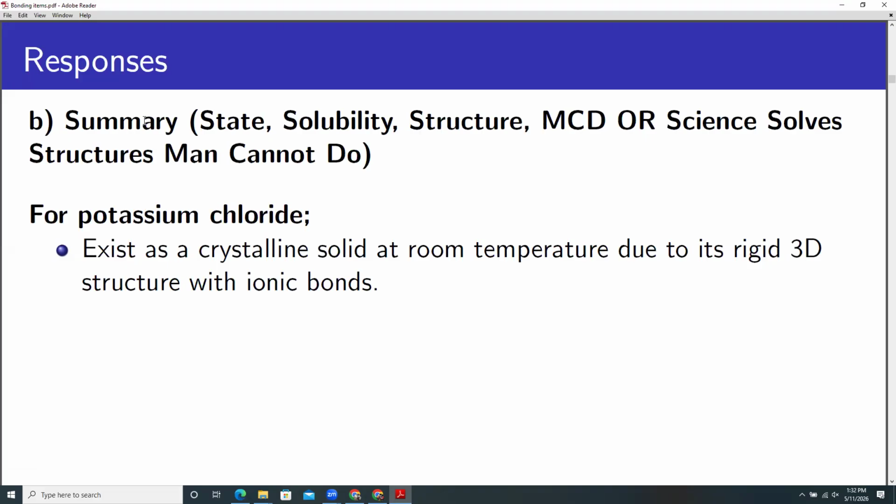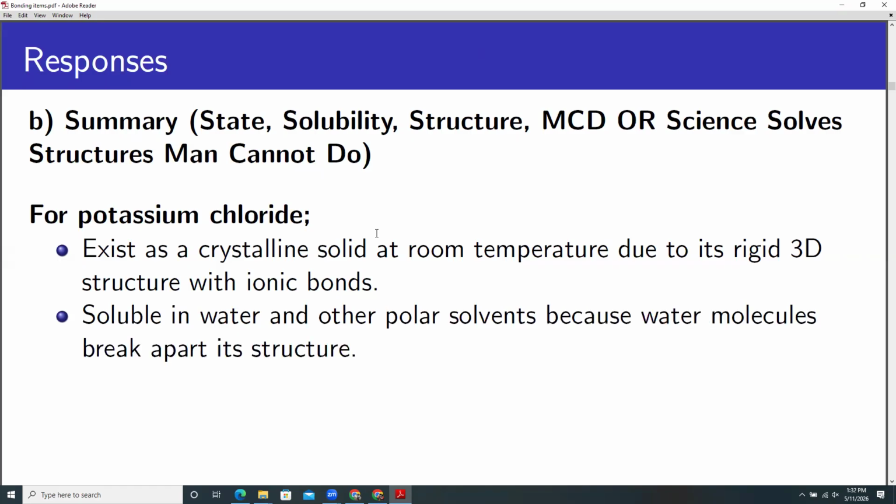That is for state, the first statement. Science for state. Then solubility. I've told you, you relate with common salt. Common salt is soluble in water. So also here we are going to say that potassium chloride is soluble in water and other polar solvents.